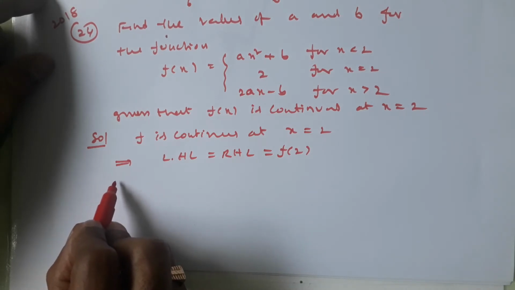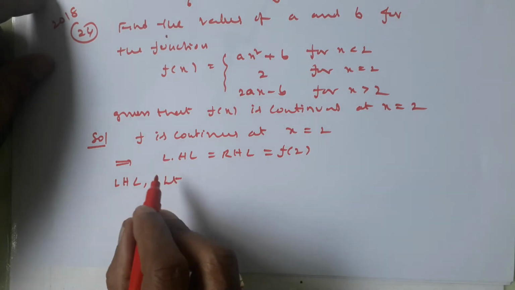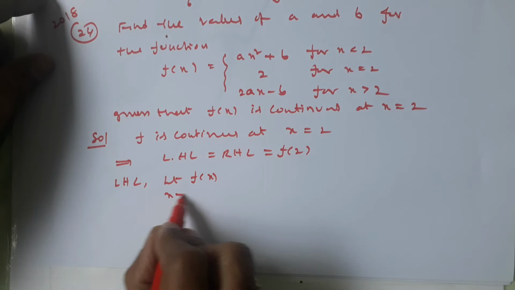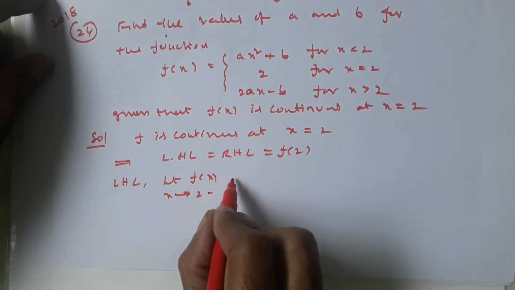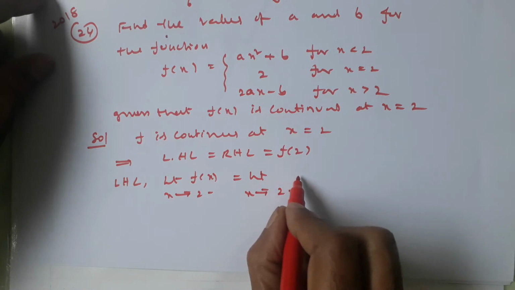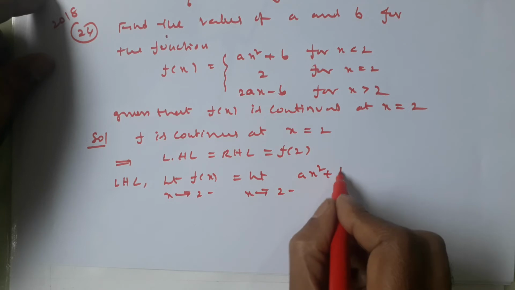Next, LHL value. LHL is limit f of x as x tends to 2 minus, where for x less than 2 the function is ax square plus b.